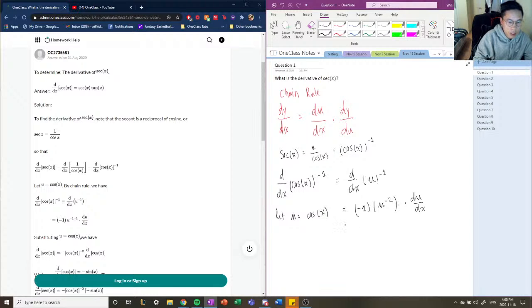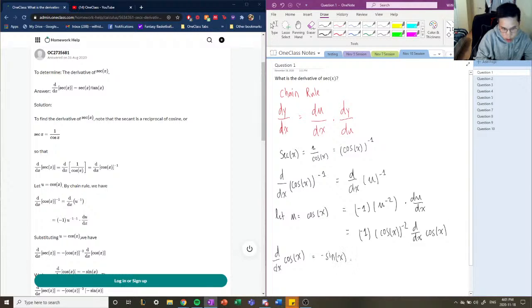Then we plug our u back in, so that's going to be cos x to the power of -2, times d/dx of cos x. The derivative of cos x is -sine x.